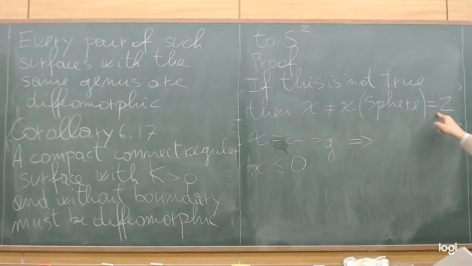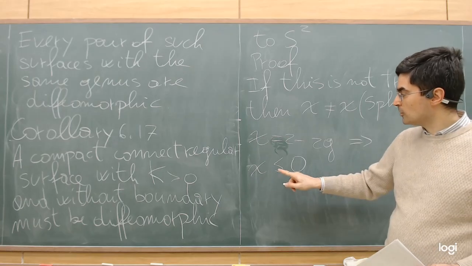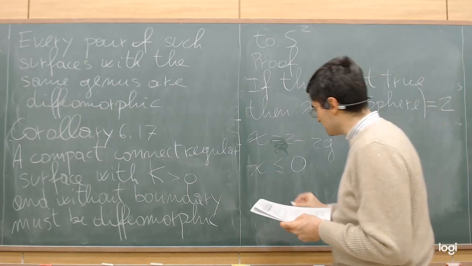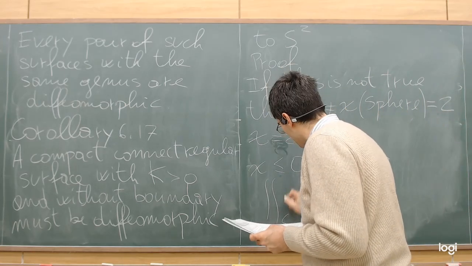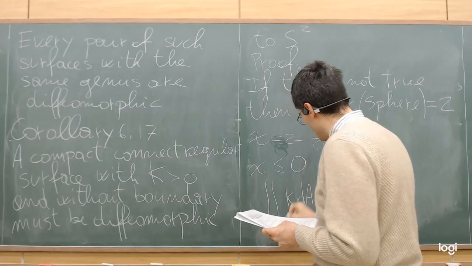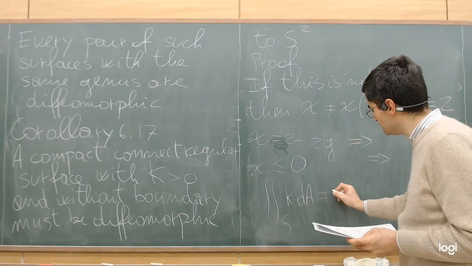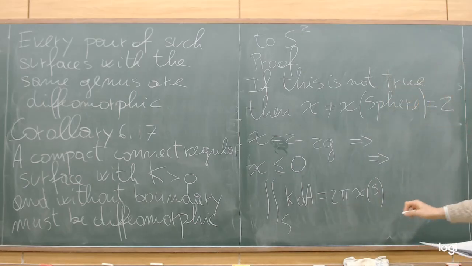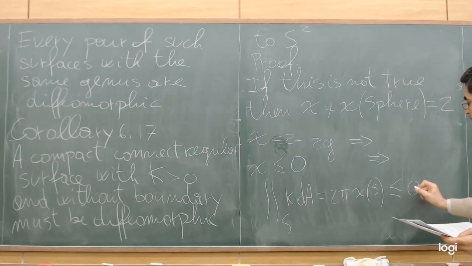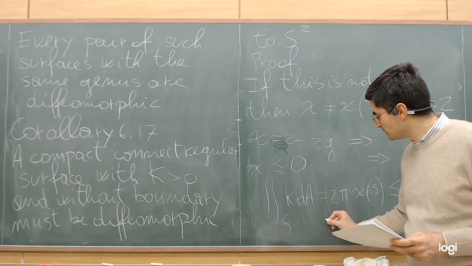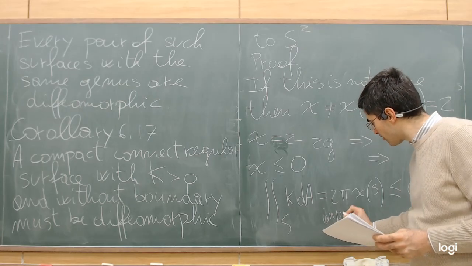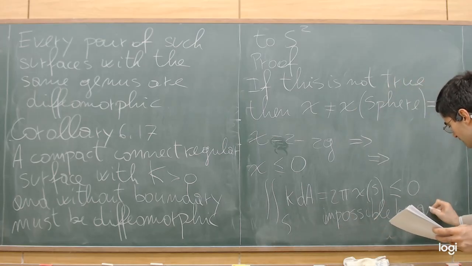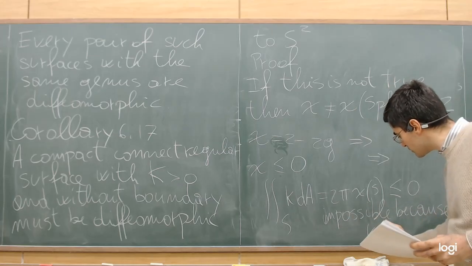It cannot be 2, so it can be only 0 or a negative number. This implies that the integral of the Gauss curvature, which is given by 2 pi times the Euler characteristic, would be non-positive, and this is not possible because K is positive by hypothesis.